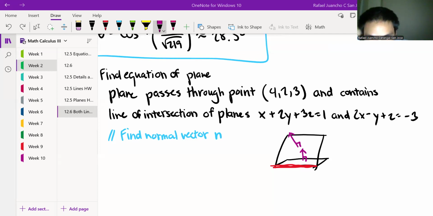This is actually crazy. Wait, let's say we find that A, that direction vector there. Now what? How do we find the other one? Okay, I'm running out of time here.